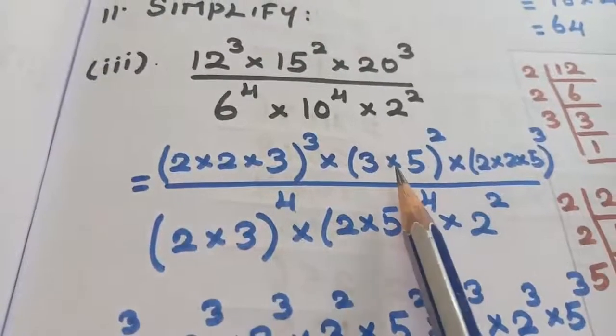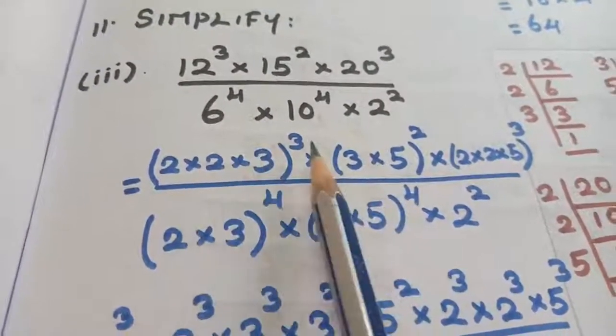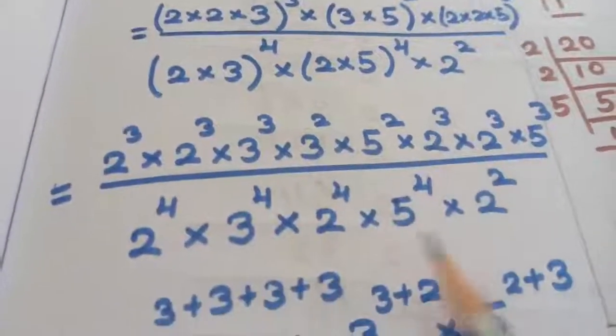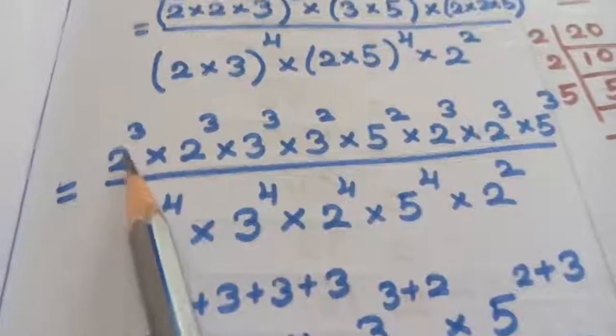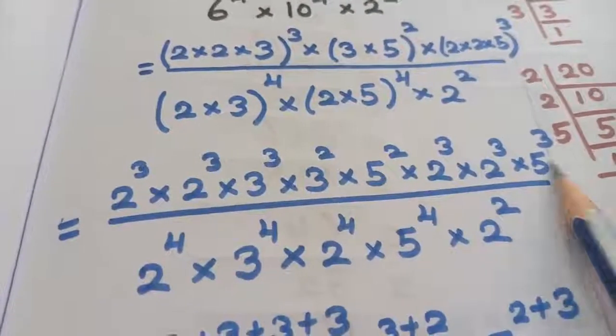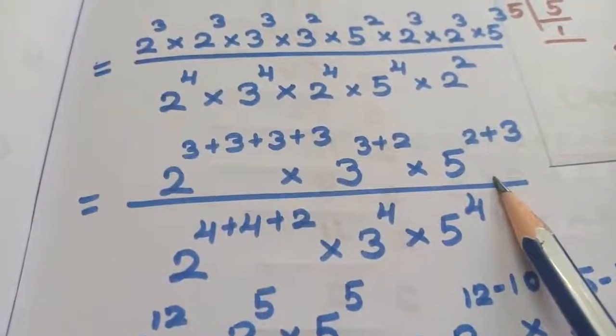After converting all the bases into prime numbers, you are going to calculate the powers inside. You are going to bring the powers inside. After bringing the powers inside, if I have 2 to the power 3, wherever you have the same base, add the powers. After adding the powers, you will be getting it in this form.